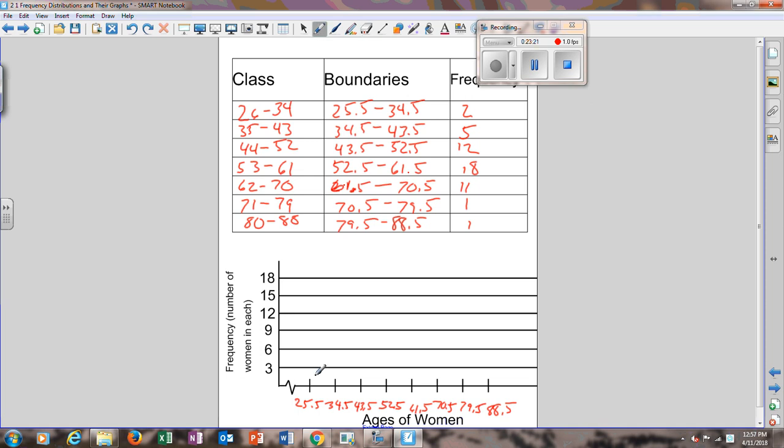Since I used my class boundaries, maybe my first one starts with here. And it's there. And there. And up to 12. Some ugly bar graphs.